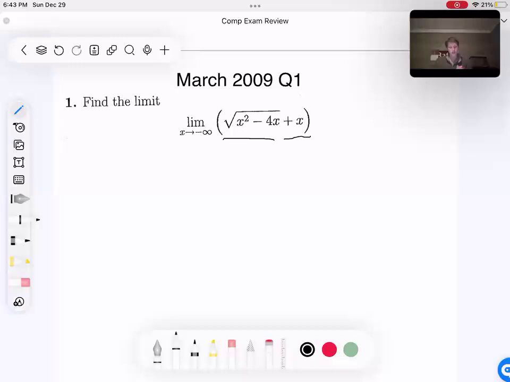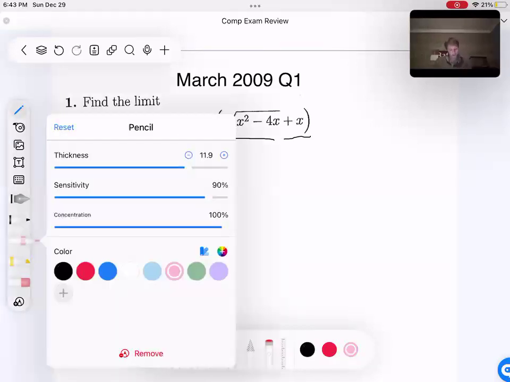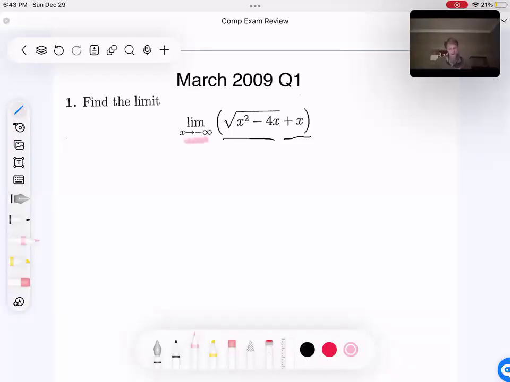Now, because x is approaching negative infinity, which is obviously not a real number, this is essentially saying x is growing without bounds and is a negative number, right? Because that's not a real number, we can't just plug in negative infinity. Because what would we get? Well, the square root of negative infinity squared is just the absolute value of infinity, so that would give us infinity, and then plus the negative infinity would give us minus infinity.